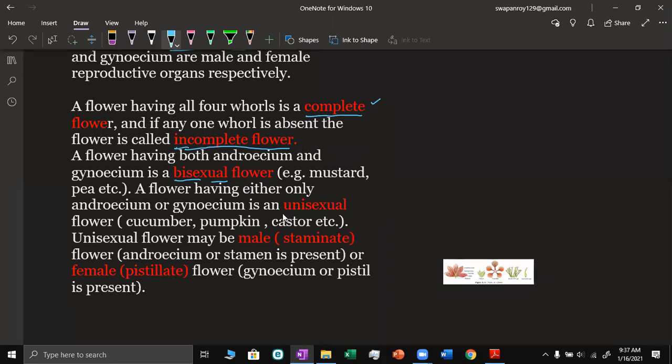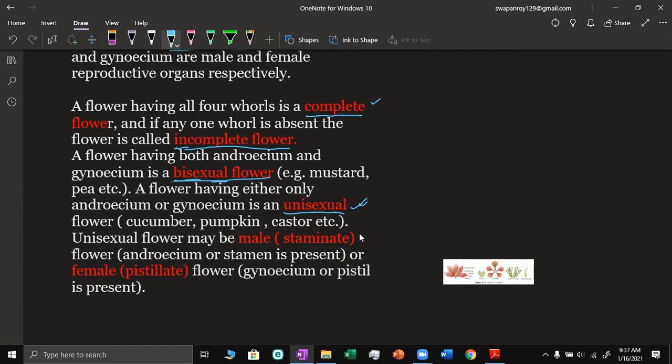So flowers may be unisexual or bisexual, and also there are some flowers where the androecium and gynoecium both are absent. Those flowers are called neuter flowers. This is found in some of the flowers in family Compositae.